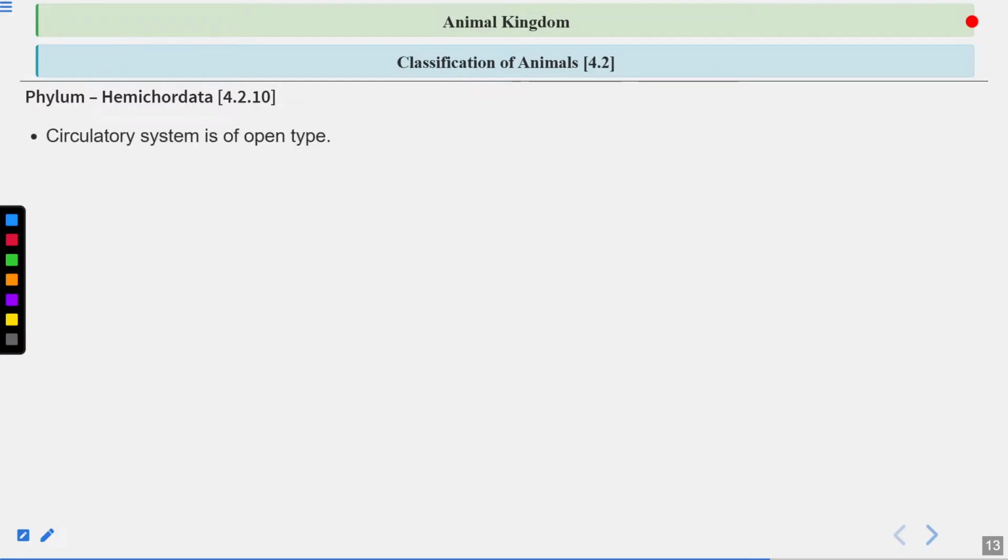Now the circulatory system is of open type here. So what is an open type of circulatory system?